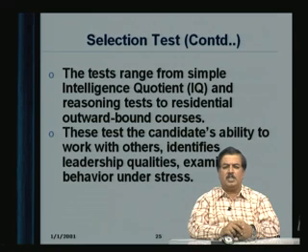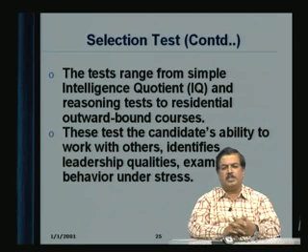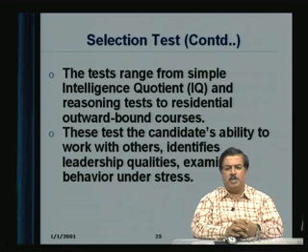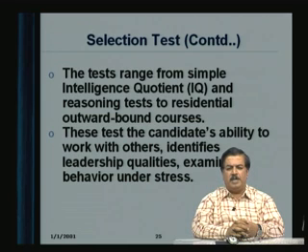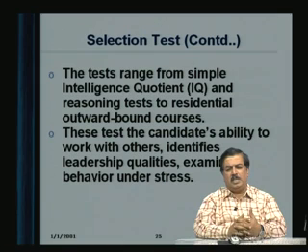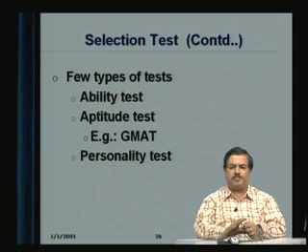But these are not really called selection tests. The selection tests are basically referred to as psychological tests. These test the candidate's ability to work with others, identify leadership qualities, and examine behavior under stress. These are all part of the exploration in any assessment center kind of methodology.